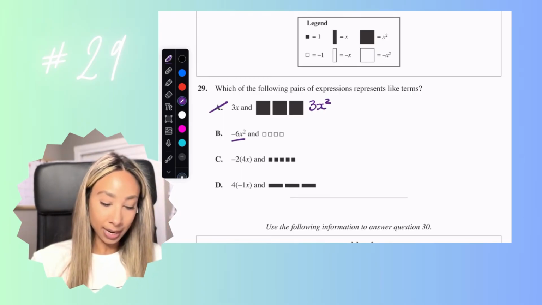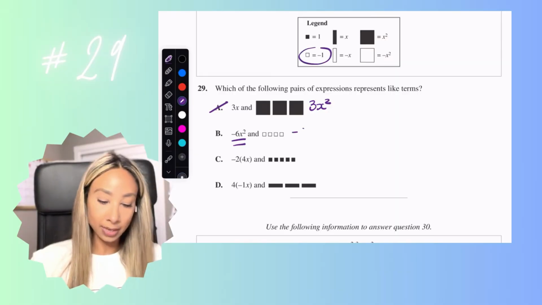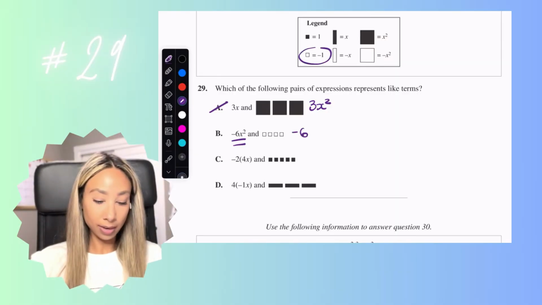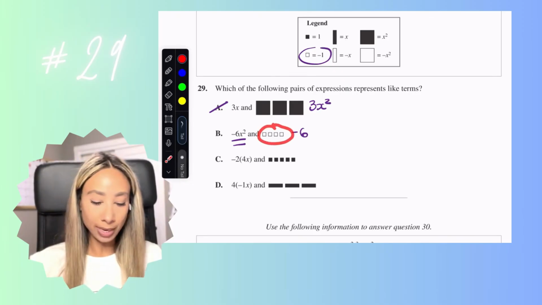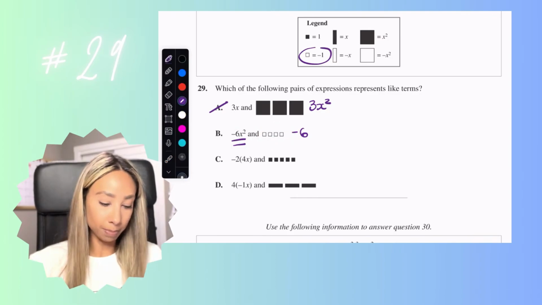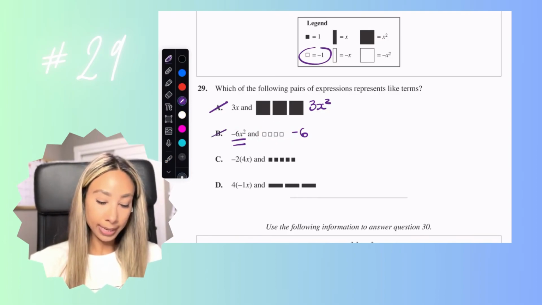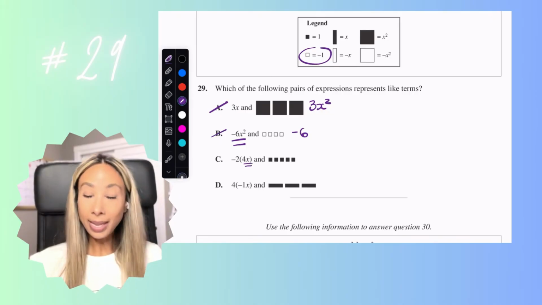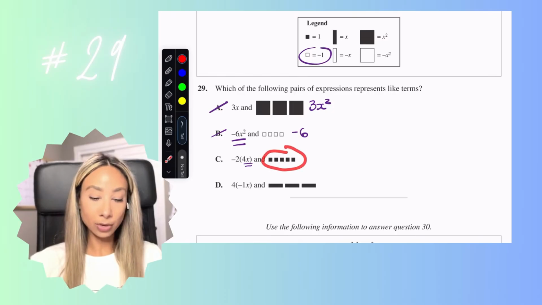This one is saying negative 6x squared and negative 6. The tiles here do not represent the same thing. These just represent numbers, and here we're saying there's a variable, so it is not B. For letter C, we're saying it is an x, but again, the diagram here is just these little tiles.